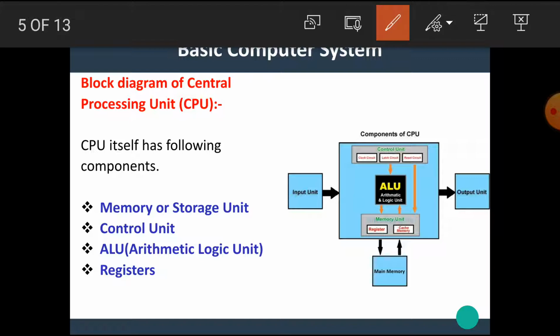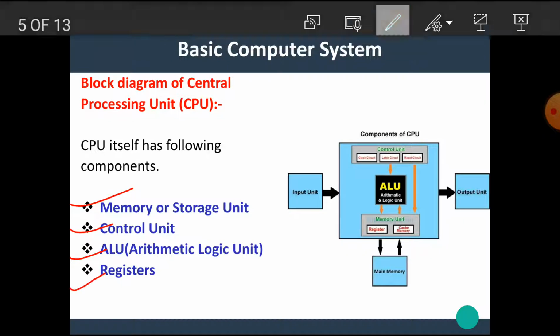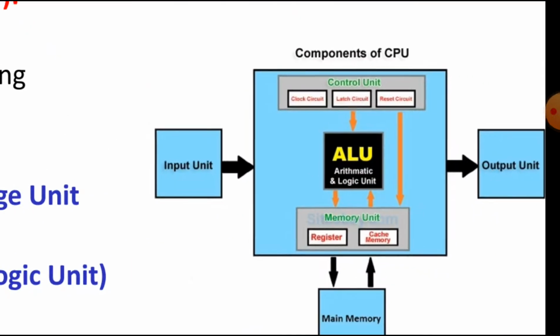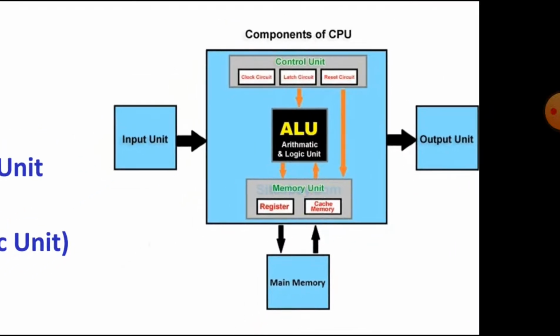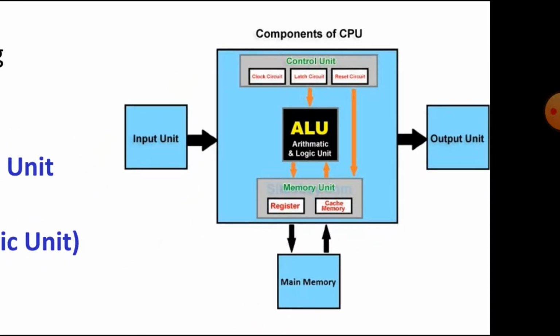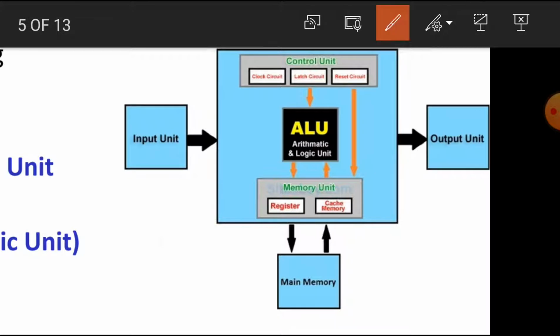The CPU has mainly these components: memory or storage unit, control unit, ALU, that means arithmetic and logic unit, and register. Let's see, this is the block diagram of the CPU, in which we can see that there are different units like arithmetic and logic unit, ALU. This is the control unit and this is the memory unit.